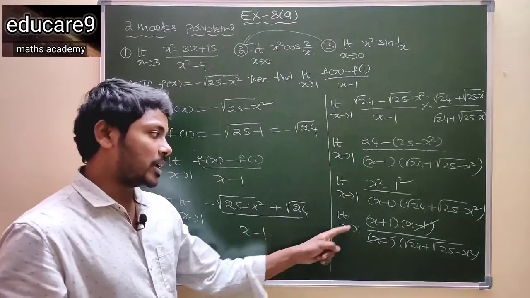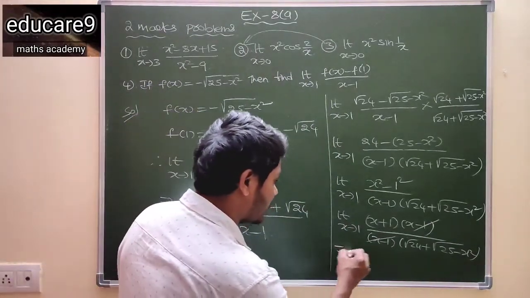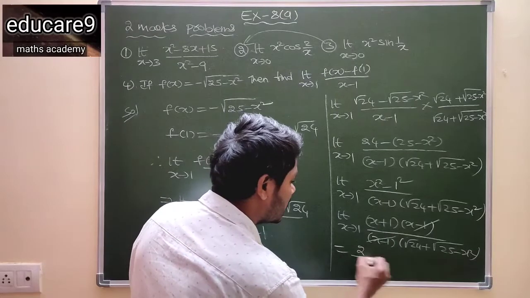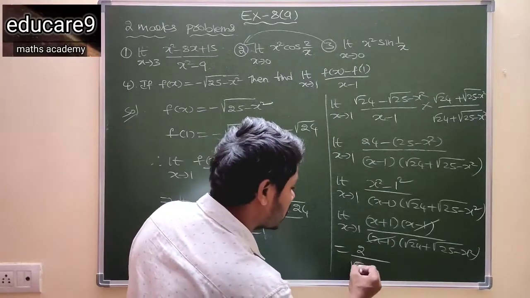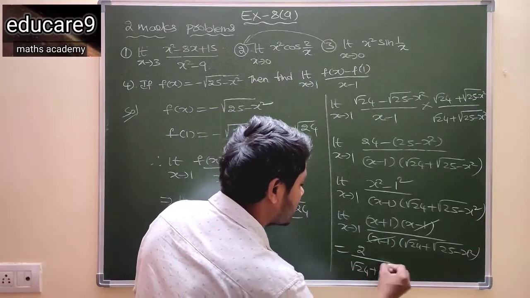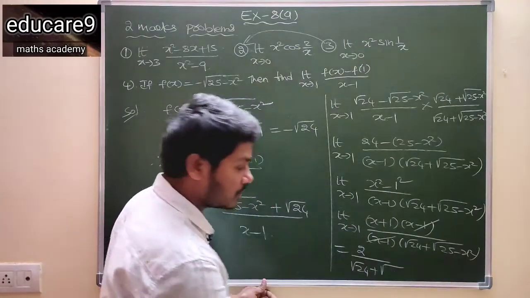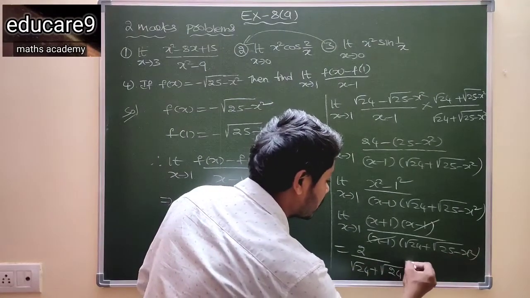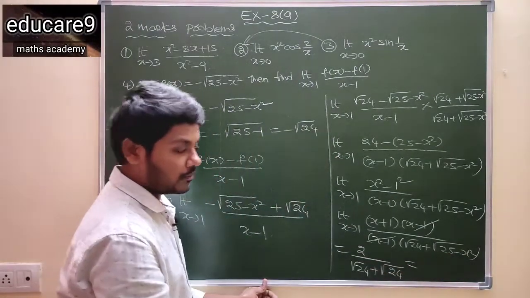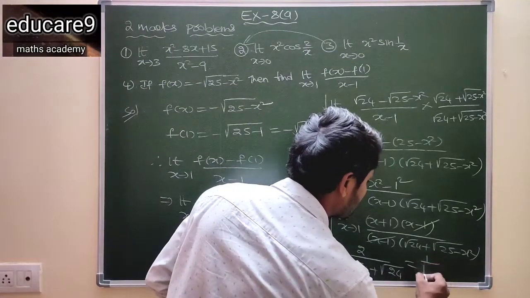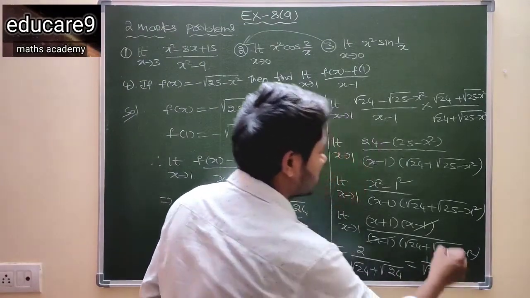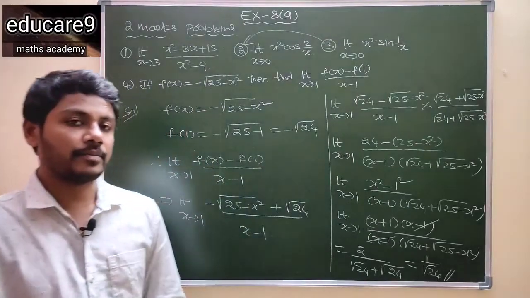So now apply the limit value. So what do you get? 1 plus 1, 2, divided by root 24 plus square root of 25 minus 1. You will get root 24. So 2 by 2 root 24. This is 1 by root 24. So this is the required answer.